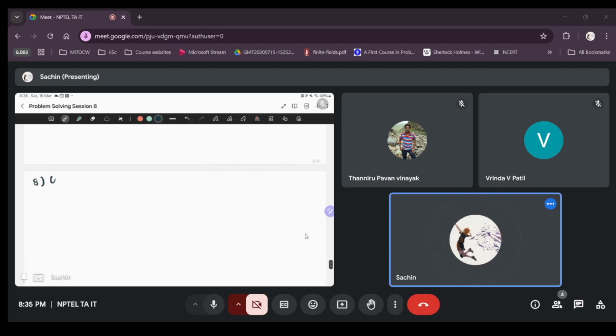Question 8. Considering the same source as given in Q7, what will be the rate distortion for D equals 1?